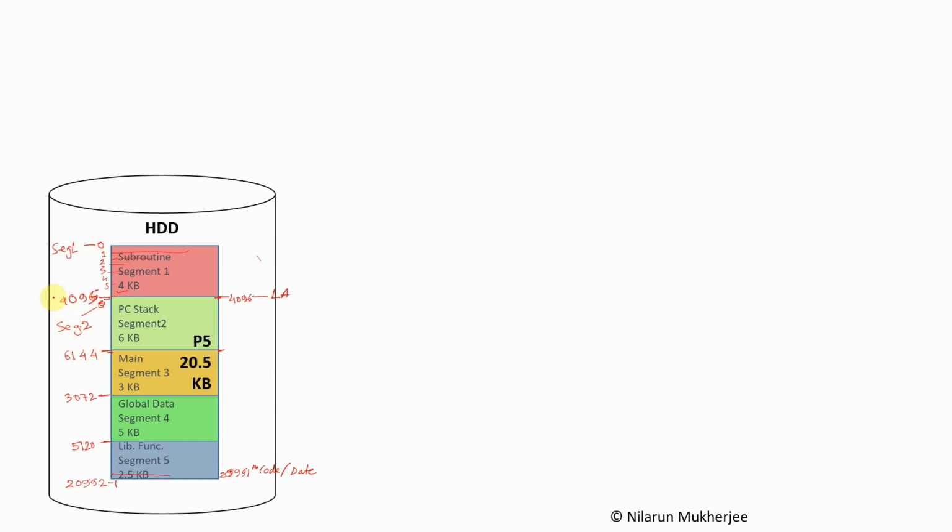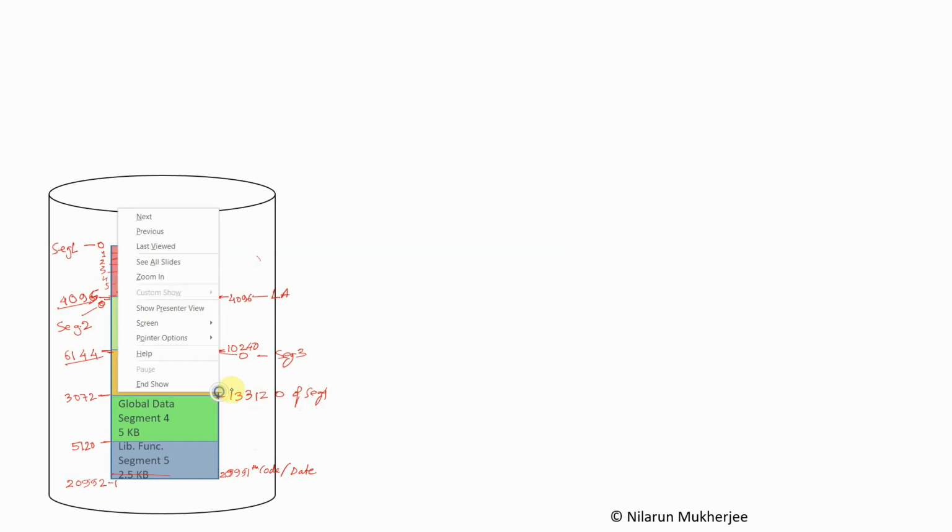but previously it was 6144 plus 4096, that is 10240 was the start. Now it became 0 of segment 3. Similarly, this was 13312, but now it has become 0 of segment 4.